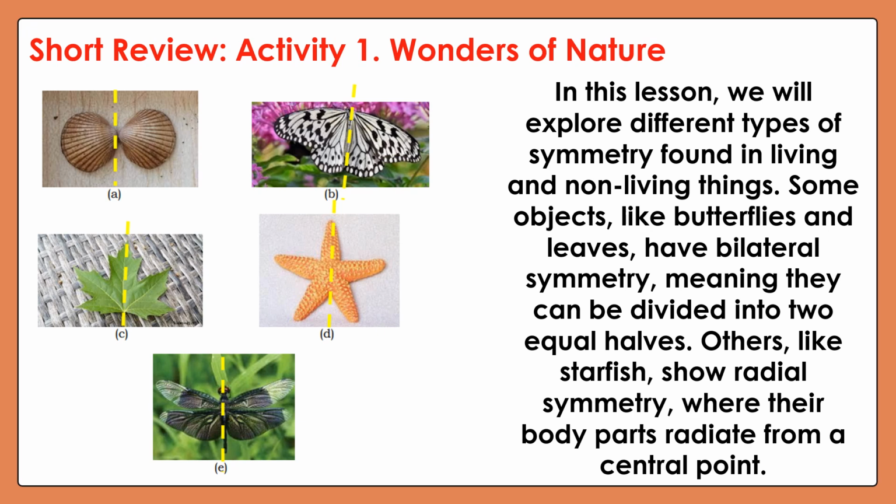Some objects like butterflies and leaves have bilateral symmetry, meaning they can be divided into two equal halves. Others, like starfish, show radial symmetry, where their body parts radiate from a central point.